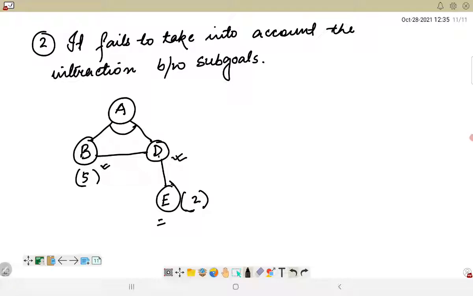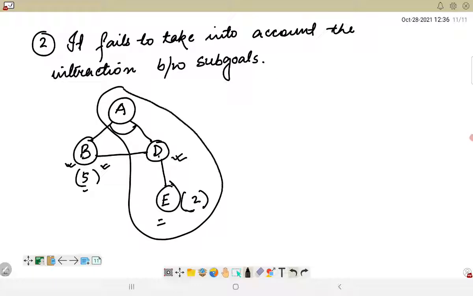But it turns out that B is necessary anyway, so it would be better also to use it to satisfy D. So if we are making use of B also in order to satisfy D, then it will give us a better outcome, right? Instead of just considering this entire process to be a separate one, since E is most promising, we have to consider the subgoal which is B in order to solve this path.